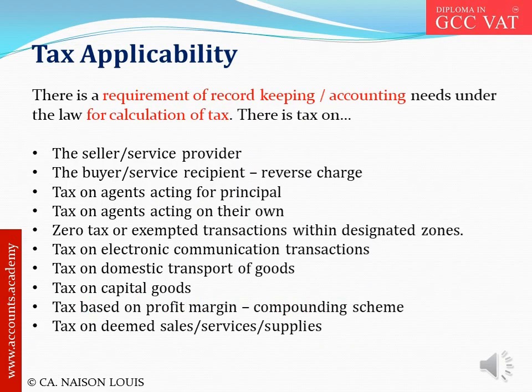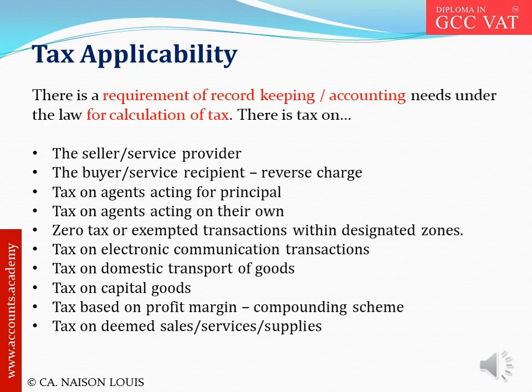Tax applicability. There is a requirement of record keeping or accounting needs under the law for calculation of tax, and we can find that there is a tax on the seller or service provider, the buyer or service recipient, that is under reverse charge, tax on agents acting for principal, tax on agents acting on their own, zero tax or exempted transactions within designated zones, tax on electronic communication transactions, tax on domestic transport of goods, tax on capital goods, tax based on profit margin or under compounding scheme, tax on deemed sale or services or supplies.